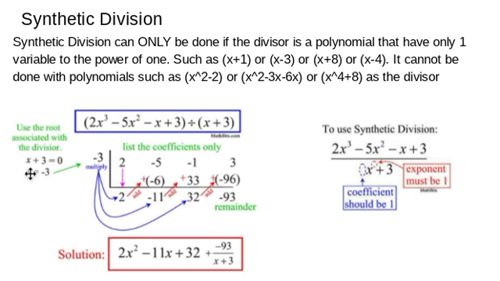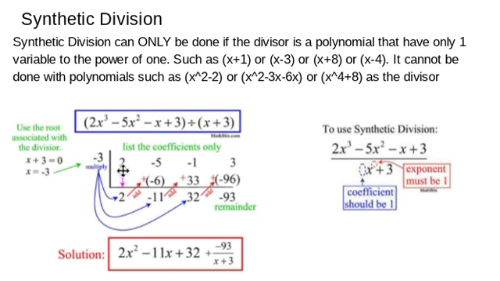So, 2x to the third minus 5x squared minus x plus 3 divided by x plus 3. First, we have to find the root, and we know the root is negative 3. And so we would make this sort of table. We would put negative 3 to the side here, and then we would put each of these values, 2, negative 5, negative 1, and 3, as a list, as these tables go.